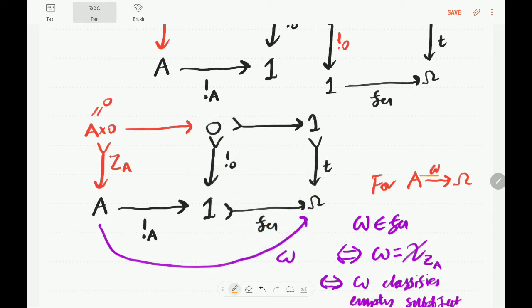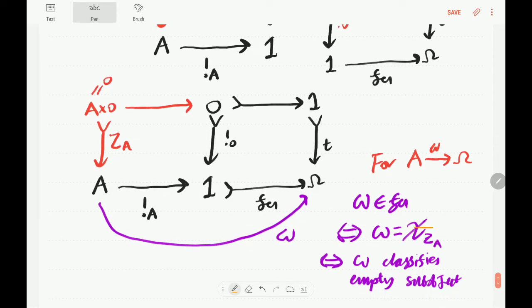But anyway, that's going to be in false, like so, I believe if and only if W is the classifying arrow of ZA, where ZA denotes this arrow from zero to A.